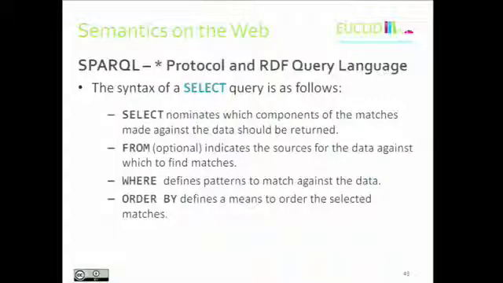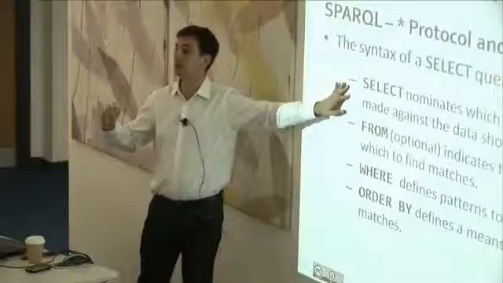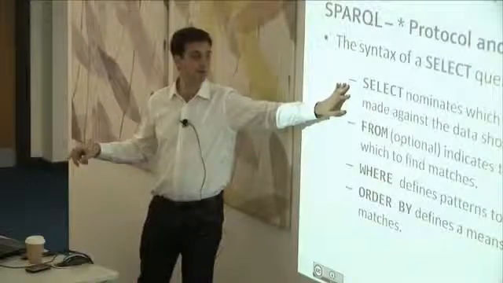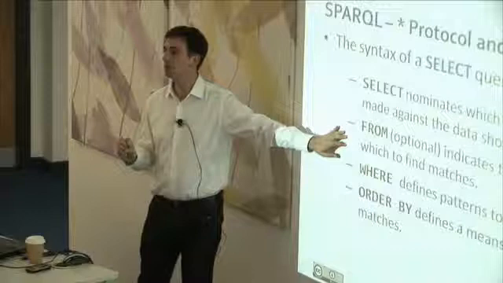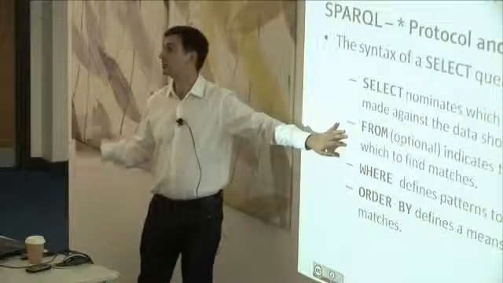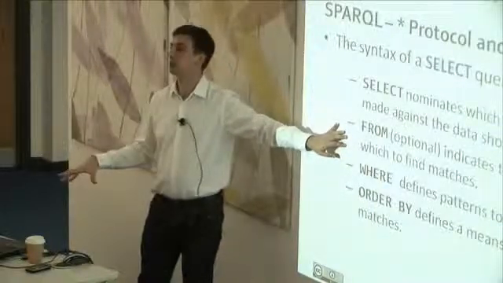So just a quick word about SELECT, because it's the familiar form. It's the one that looks like SQL. Like SQL, we can say SELECT and have a subset of our variables, or an asterisk for all of them. We can, if we want, say FROM. In SQL, you always have to say from which tables you want to join.